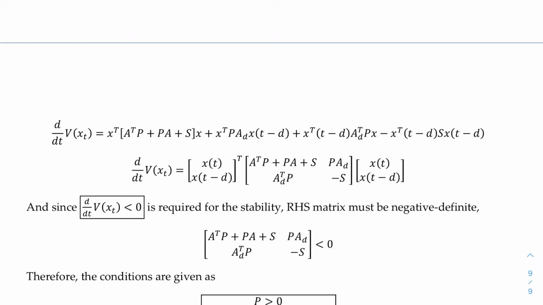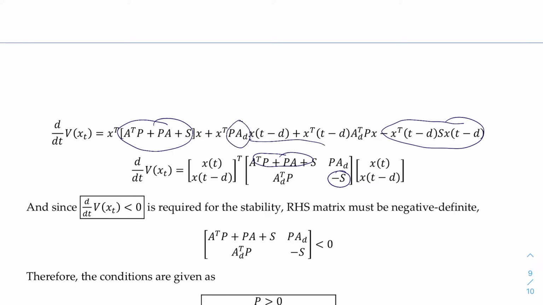For example, this term leads to that entry, and here this term is like x and x, and also this term leads to that term. And finally, what do we have? We have A_d transpose P.